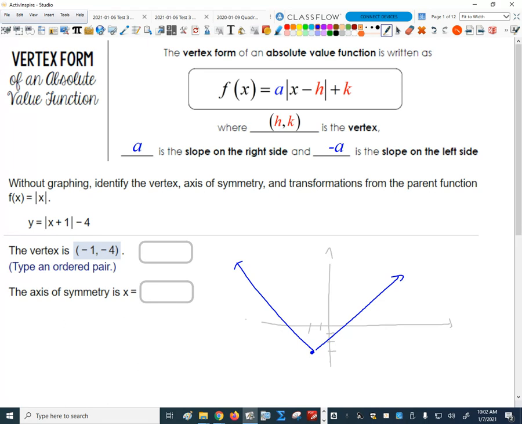It has to do with the vertex, but when we talk about an axis, it's always a line, right? So the axis of symmetry is a line. I'm just throwing this out there, I haven't told you this yet, but I'm curious if you can come up with this on your own. What do you think the axis of symmetry would look like here? I'll throw it out to the whole group.